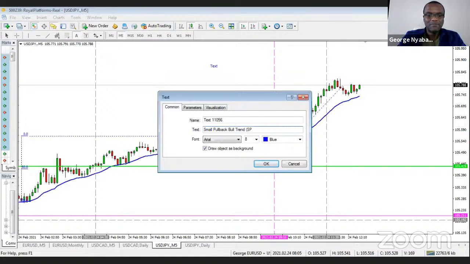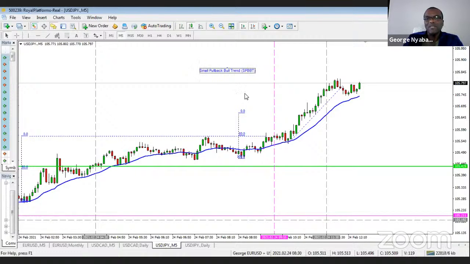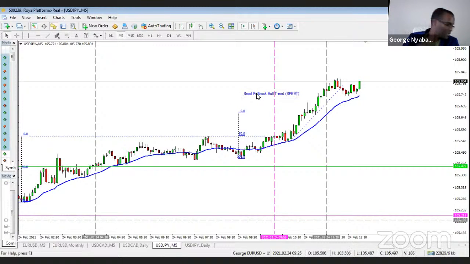Small pullback. Small pullback. Good trend. So when you see that marked somewhere, sometimes that's an acronym. That's the trend that I got.